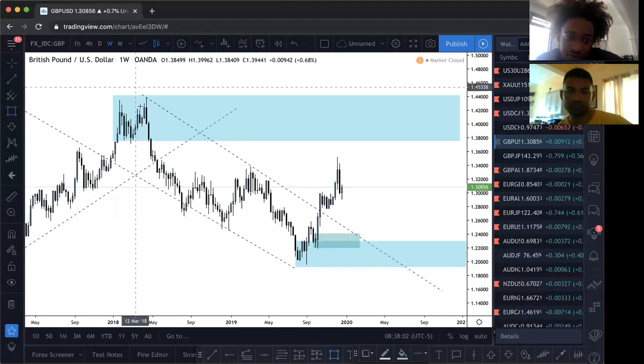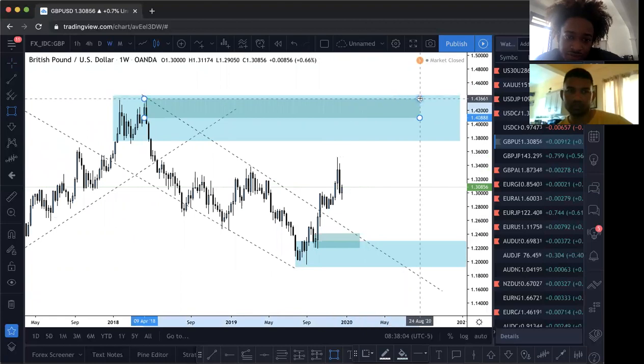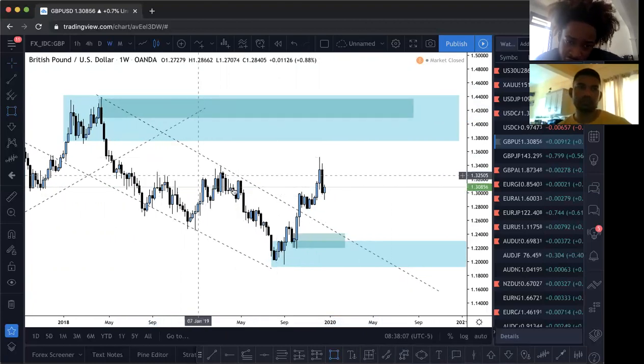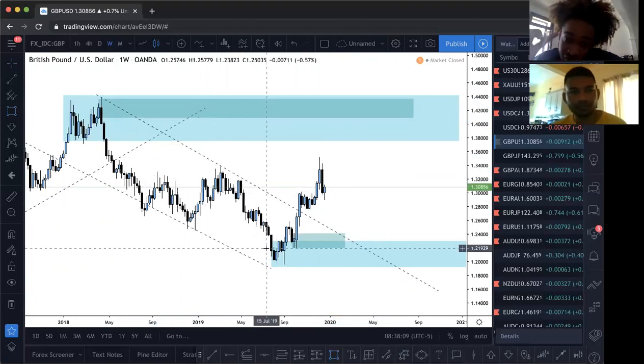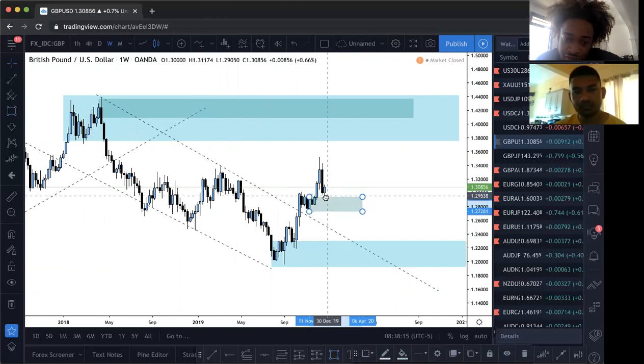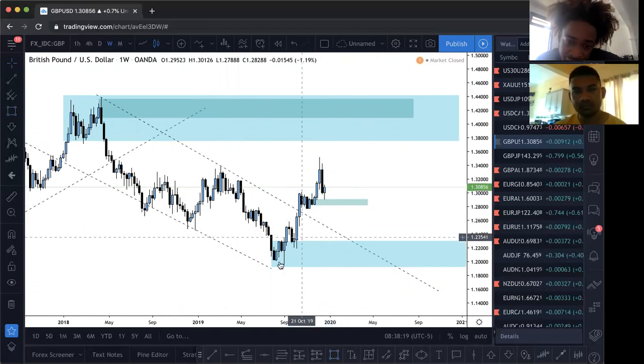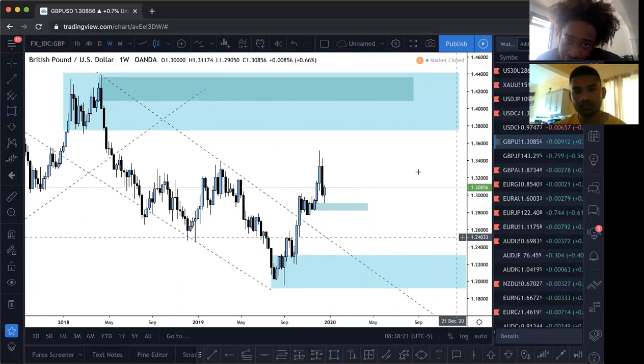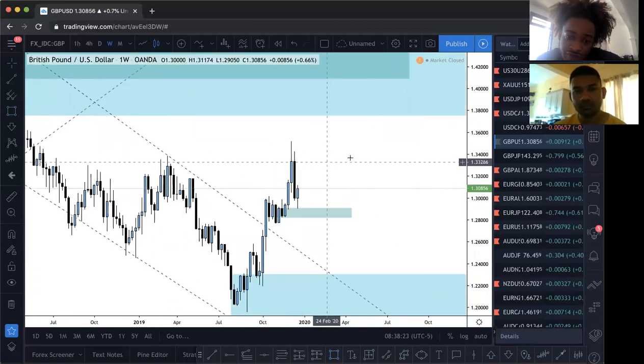And then you look back and this could be, and this one here, right? Because all of that was removed. You only want to draw the two valid zones, the two most recent valid zones. So this would be the most recent one, and you have others down here, but you want to keep the chart clean, so you only draw the two most recent valid ones, yeah?